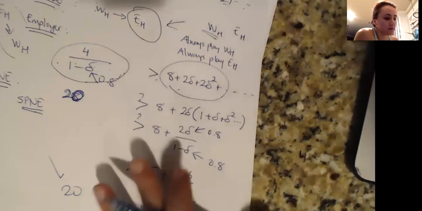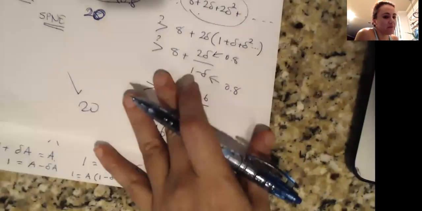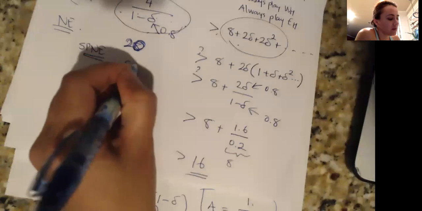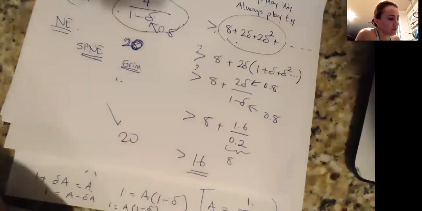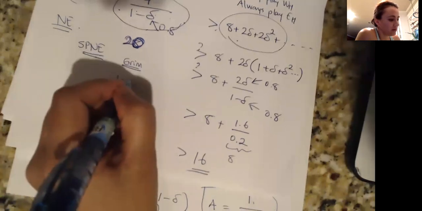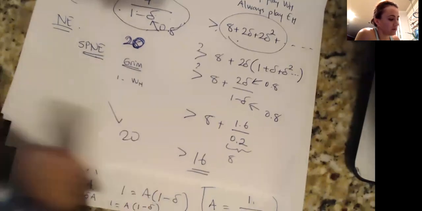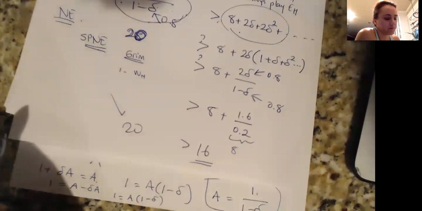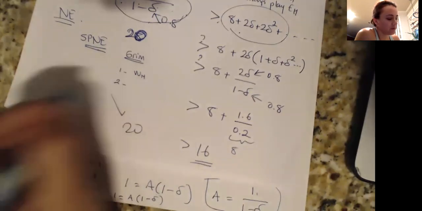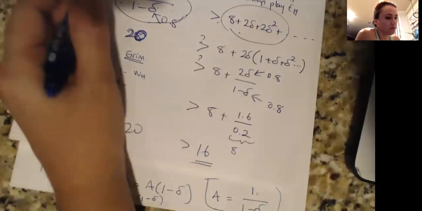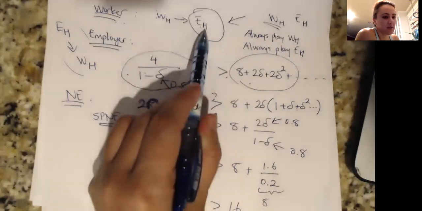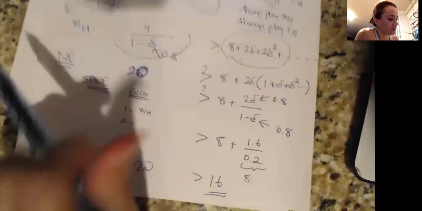Okay. And it tells you what to do at every decision node that you may reach. For example, Grim tells you the following. In the first period, the employer plays high wage. In the second period, if the worker played EH, you play WH again.